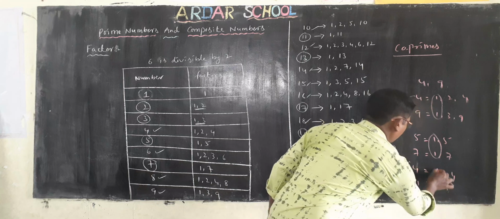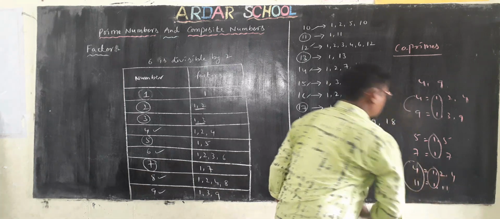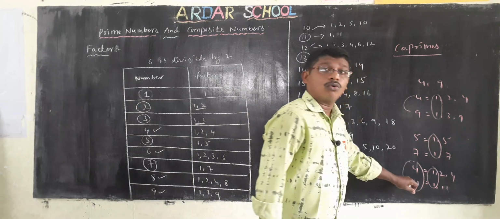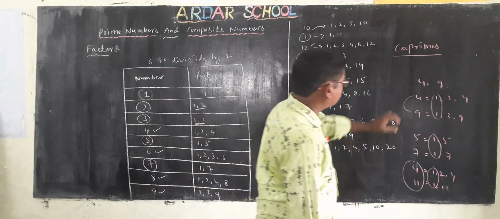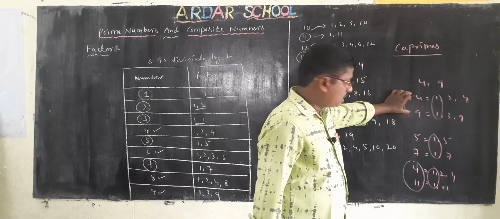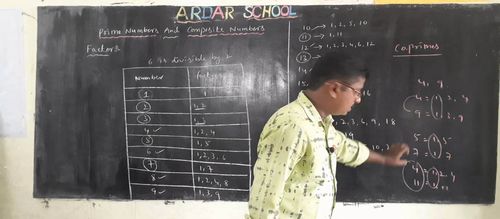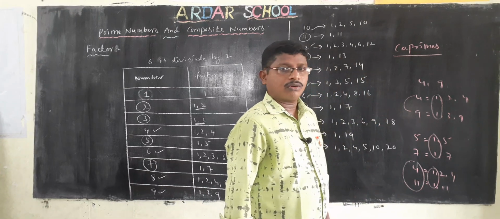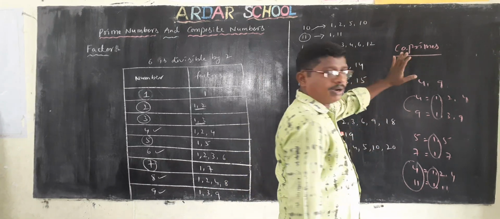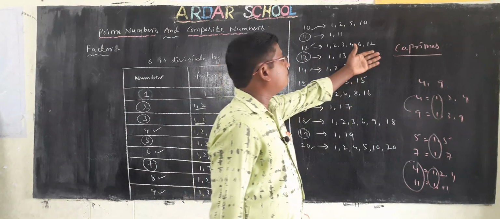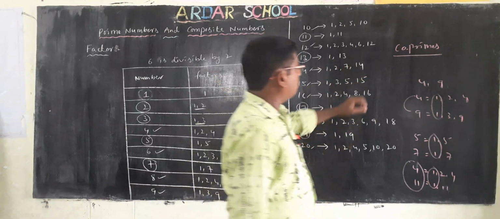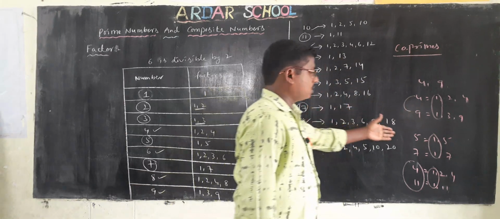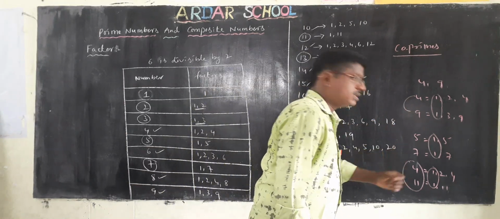Here also 1 is the common factor, so 4 and 11 are also co-primes. So co-primes are not necessarily prime numbers: both may be composite, both prime, or one composite and one prime.